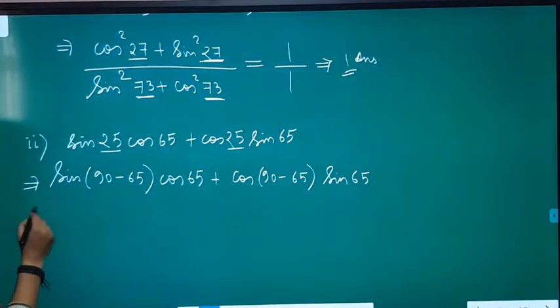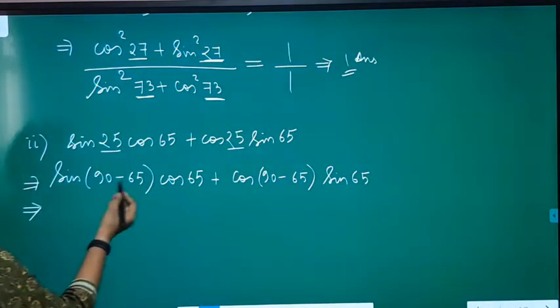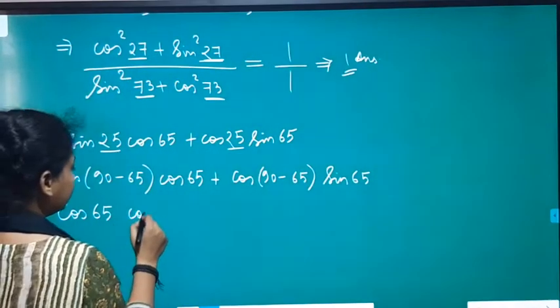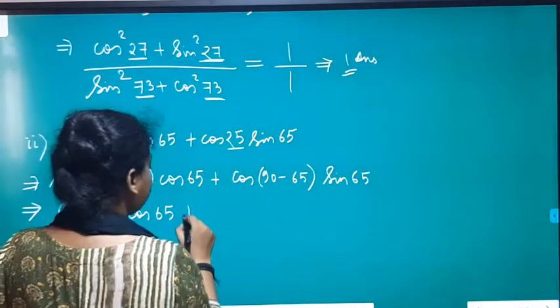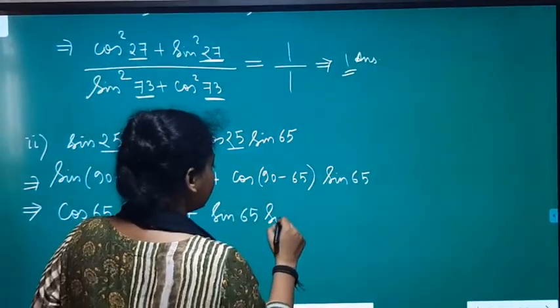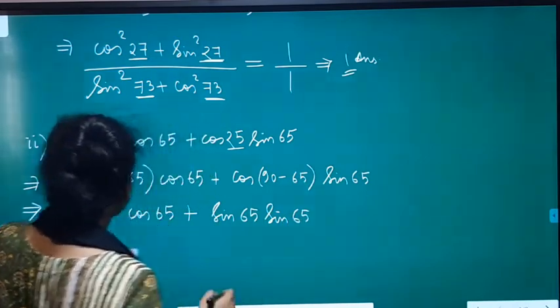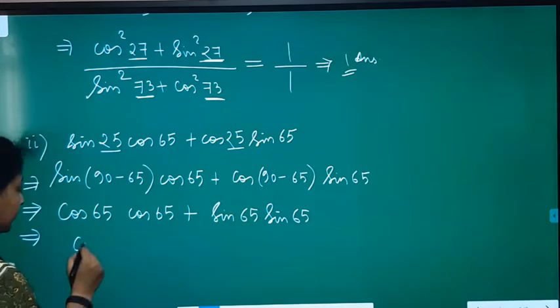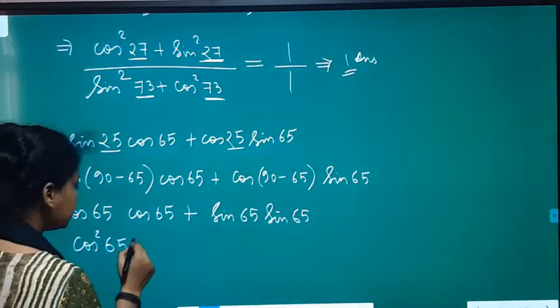From the complementary angle tricks, we can write sine 90 minus 65 as cos 65. Keeping this cos 65 as it is, this value can be written as sine 65, and this is also sine 65. So this is cos 65 into cos 65. This gives us cos square 65.